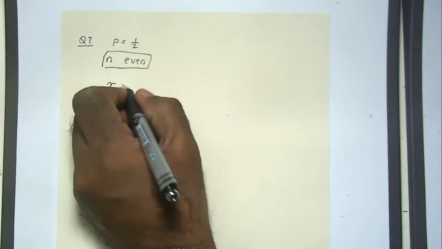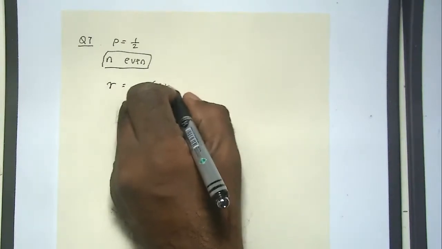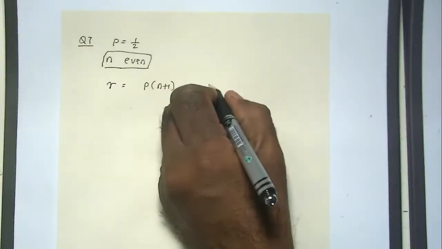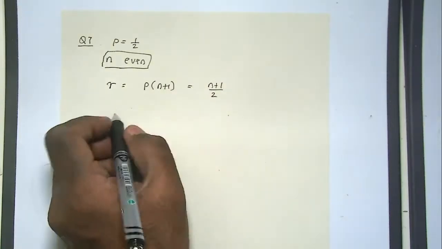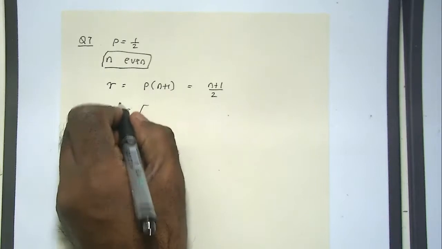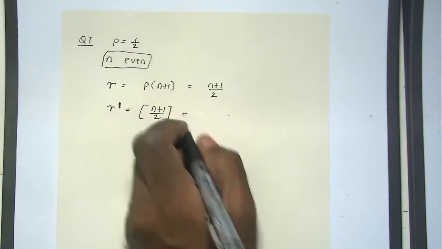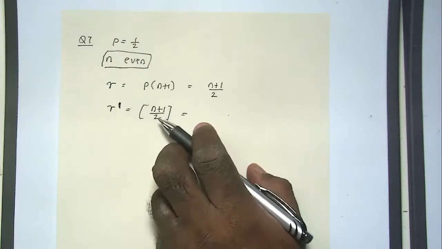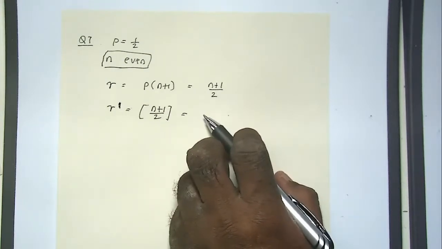So your r will be p times n plus 1, which is (n plus 1) divided by 2. And your r prime is the integer part of (n plus 1) divided by 2. So n is even, so n plus 1 is odd. So what would this be? Talk to me, guys.